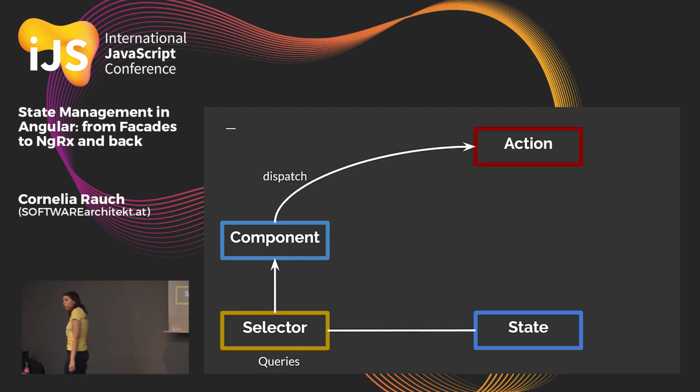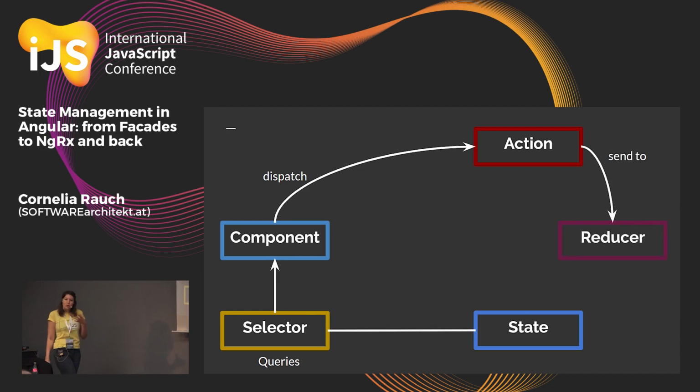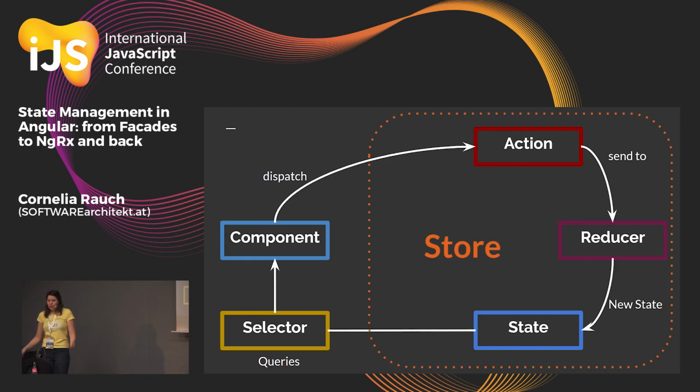And this action will be received by reducers, and we know reducers are just pure functions, and the reducer is going to use its pure function to produce a new state and send it back to the state. So we have a nice circle here.